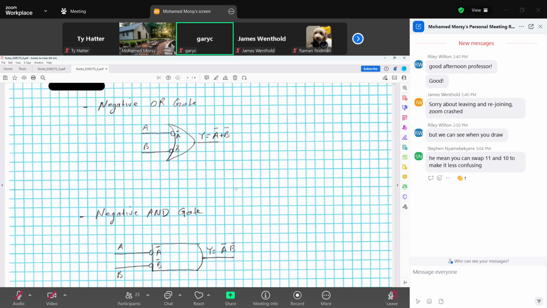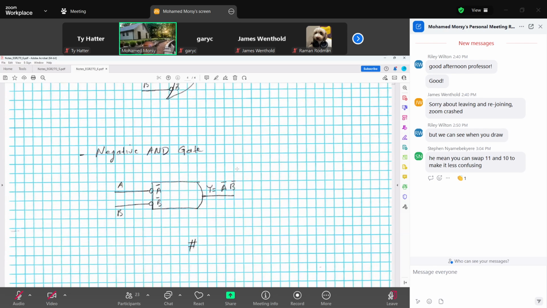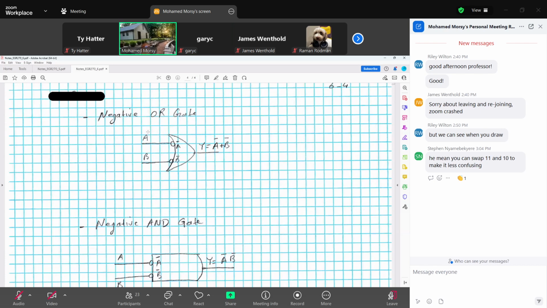You're welcome. The last thing here, this negative OR gate. We heard about OR gate, of course. So OR gate is the same like this without these bubbles. So if we have these bubbles, this means we have negative OR gate. What this means? This means the output here, Y, instead of equal A plus B for regular OR gate, is A inverted plus B inverted.